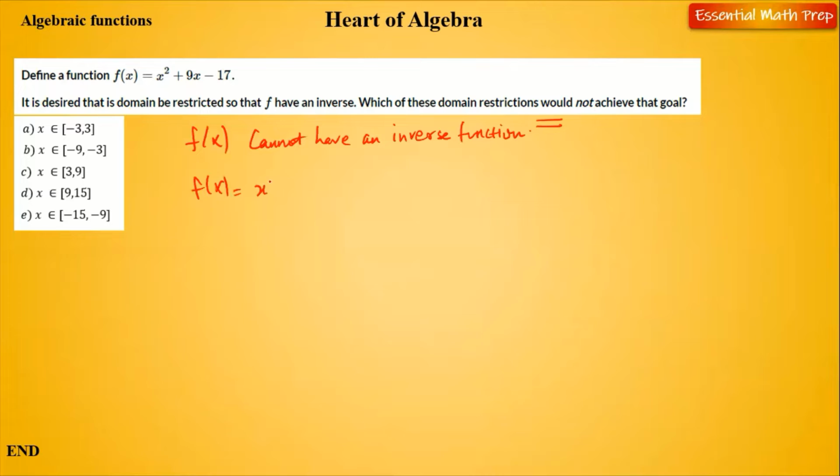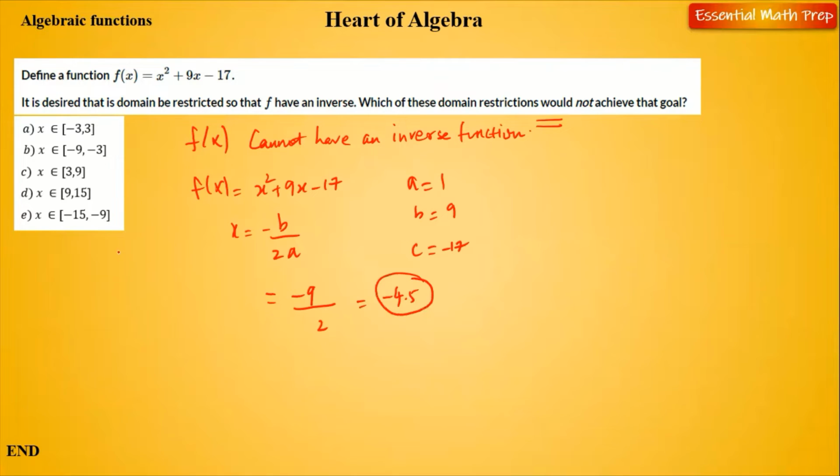So f of x equals x squared plus 9x minus 17, right? So x equals minus b over 2a. We know a equals 1, b equals 9, c equals negative 17. Not that c matters here, so negative 9 over 2, right? Negative 9 over 2 is negative 4.5. Under which intervals does negative 4.5 exist?